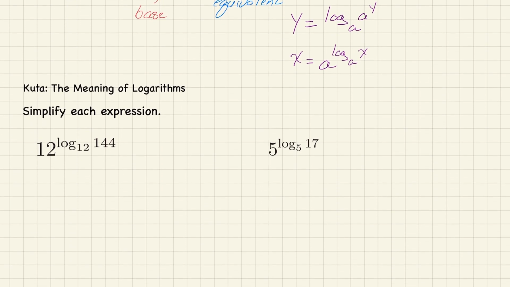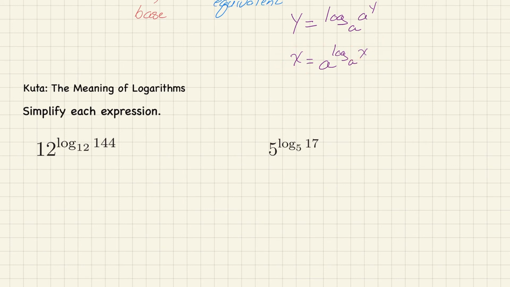Okay? So we're going to use this relationship here to simplify each of the following expressions. So simplify 12 raised to the log of 144 base 12. Well, it looks a lot like this one, right? You have a raised to the log of something. Okay? So by this relationship here, if it's the log of our argument, the argument is the answer.